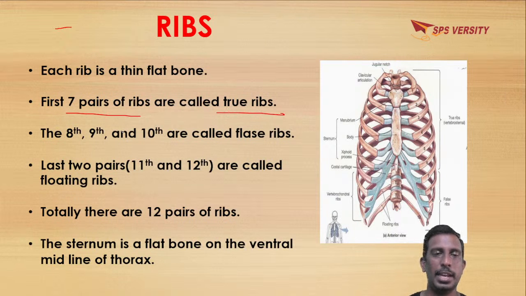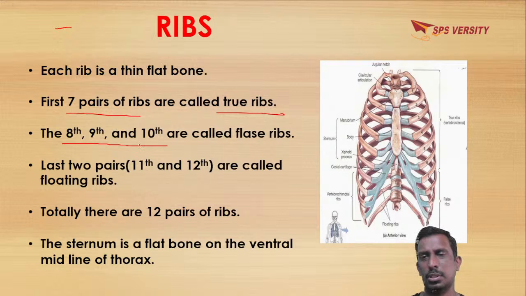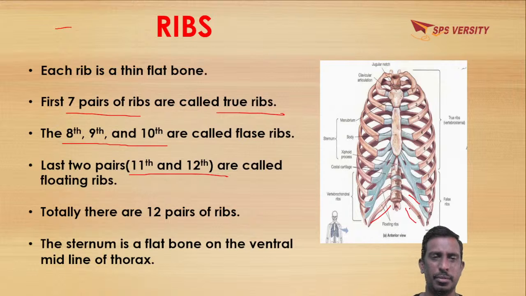The 8th, 9th and 10th ribs are called false ribs, which are attached to the 7th rib and don't directly attach to the sternum. And the 11th and 12th ribs, which are not attached to the sternum ventrally, are called floating ribs.